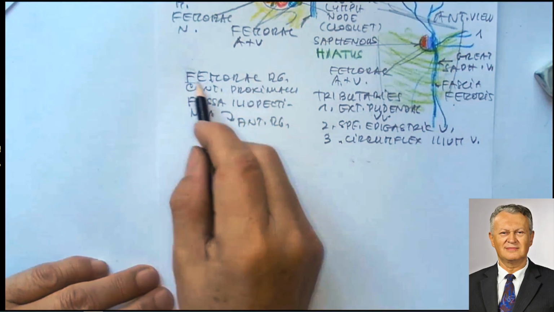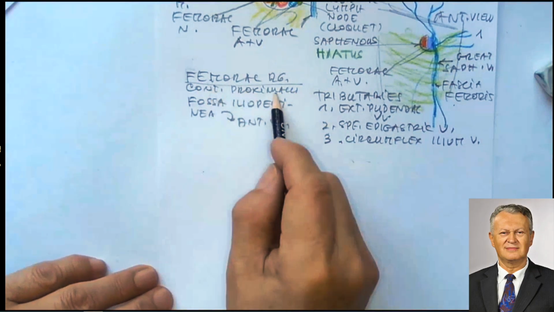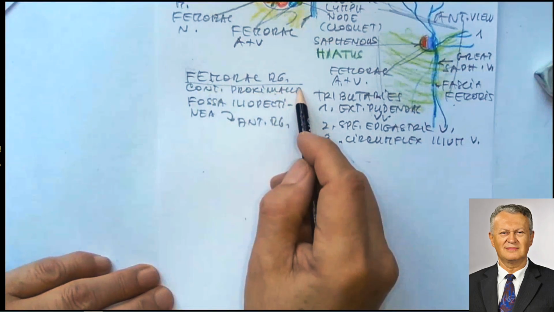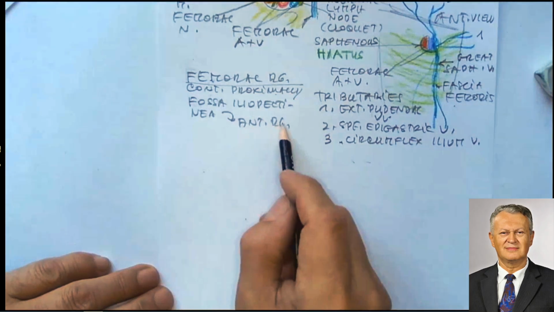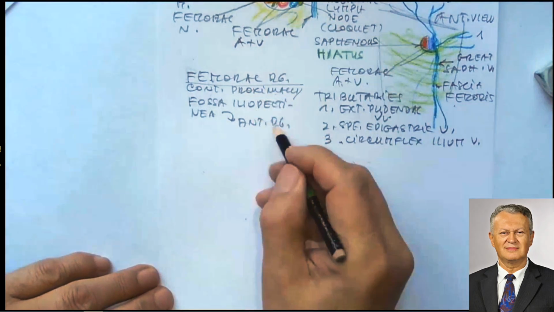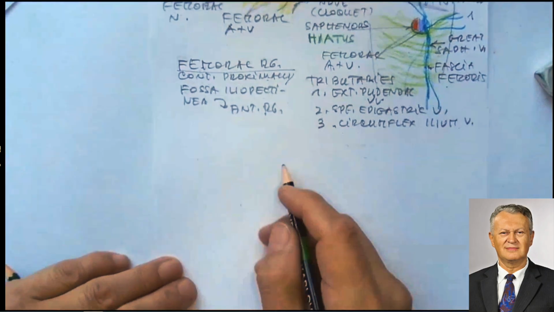So this is just to know that the femoral region is continuous with, or contains proximally, the fossa iliopectinea, which opens into the lacunae, and the lacunae are continuous with the opening here.